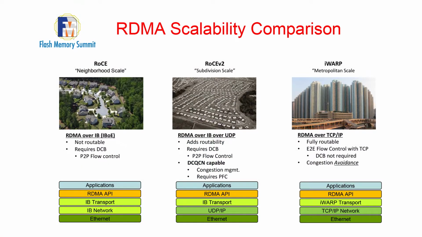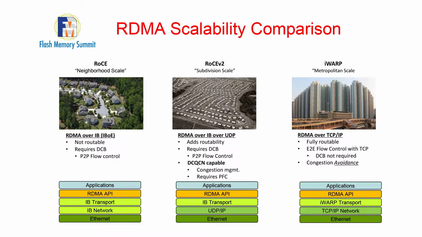Just to set the stage here, RoCE v2 assumes that there is PFC or priority-based flow control in the fabric. And what priority-based flow control means is you are actually enforcing flow control on a per priority, on a per port basis.